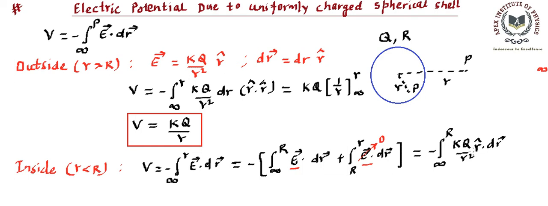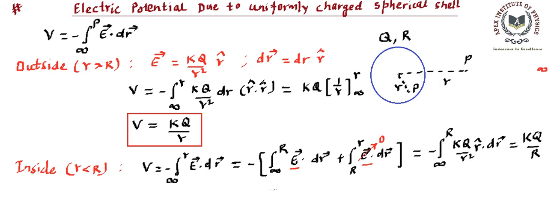This integration is exactly the same as we had just finished for the outside case. The only thing is the upper limit in this case is going to be capital R. So in the final result we can replace small r by capital R. So this will lead to kq upon capital R.